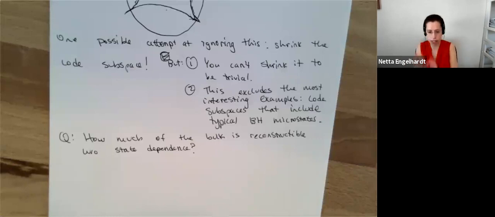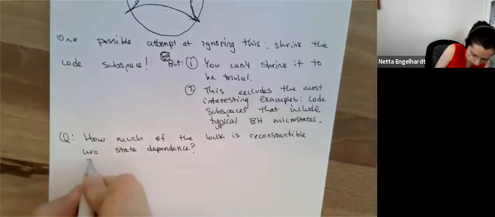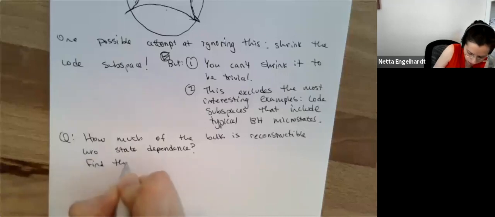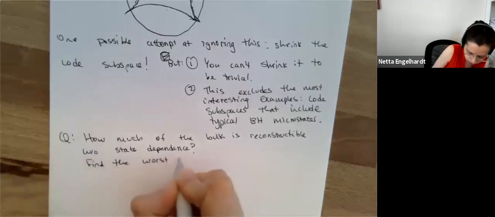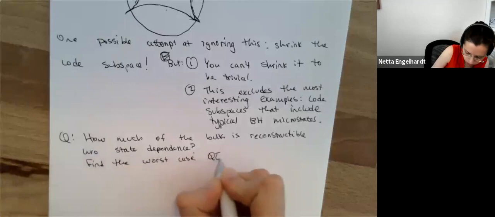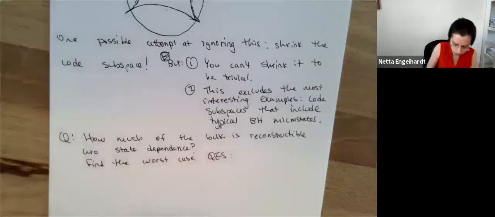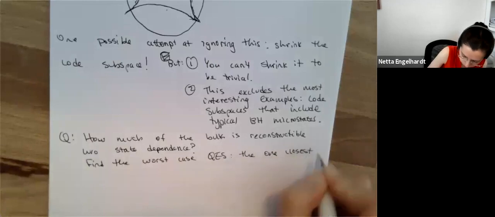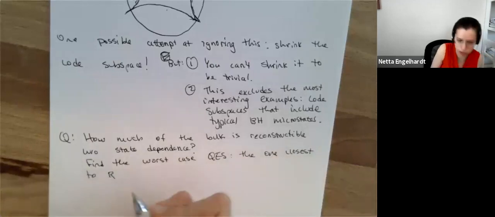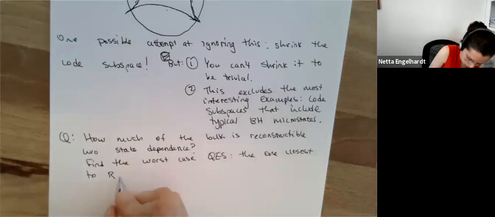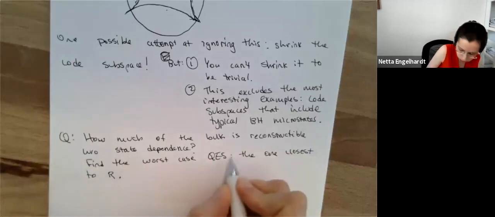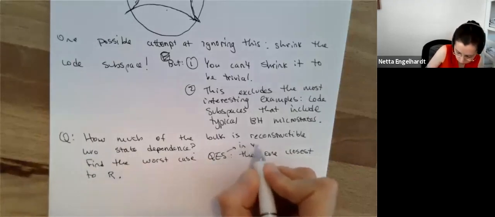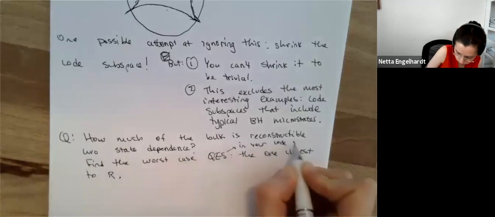And therefore, within this code subspace, this reconstruction is state independent. So find the worst case quantum extremal surface, the one closest to R, your boundary subregion. And this is the worst quantum extremal surface in your code subspace.